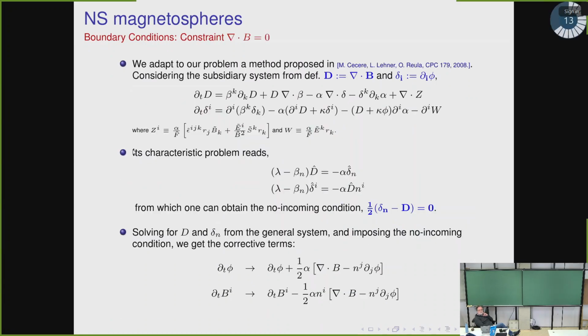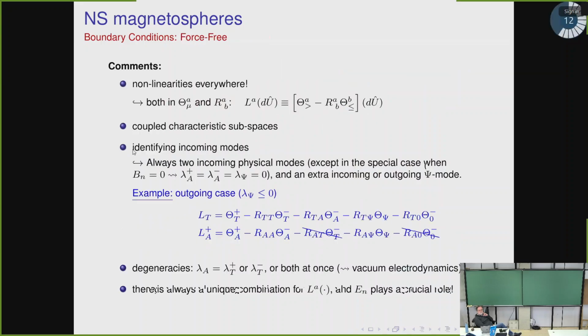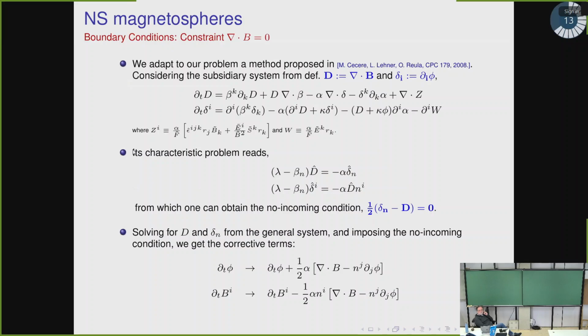So we impose the physical conditions of a perfectly conducting surface through the penalties, and we use this additional technique to control the divergence, the constraint in the theory, at the boundary. Which again is crucial here because this surface is the most relevant region of the domain around the neutron star, the most dynamic region of the magnetosphere.